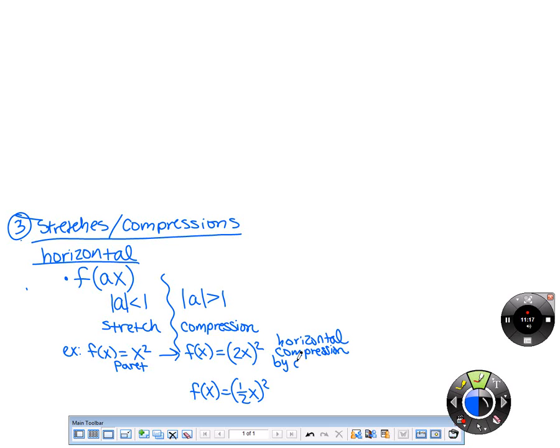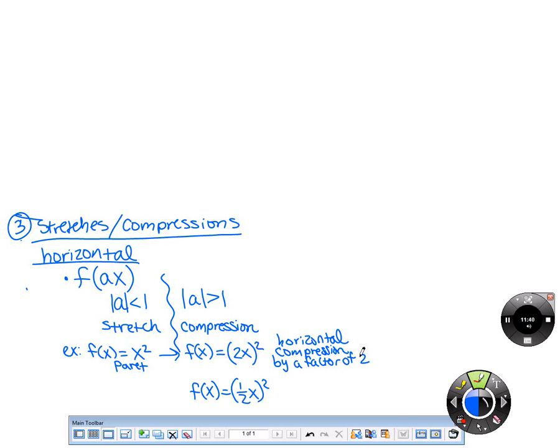And then we would often say by a factor of 2. Okay? Because there's different kinds of compressions. I could put a 3 there. It's still a horizontal compression, but now by a factor of 3, which is going to look a little different on the graph. Okay? All right.